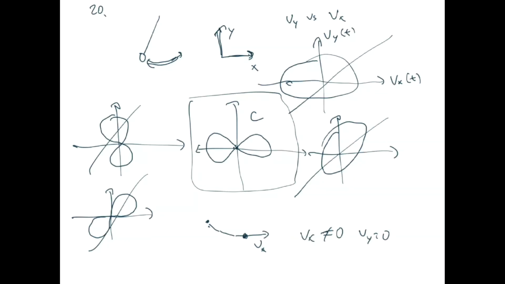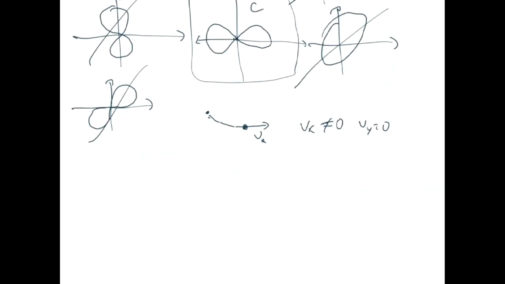Okay. Now let's go on to number 21. So what is 21 asking? We have a smooth ring of radius r, and the ring has mass m.